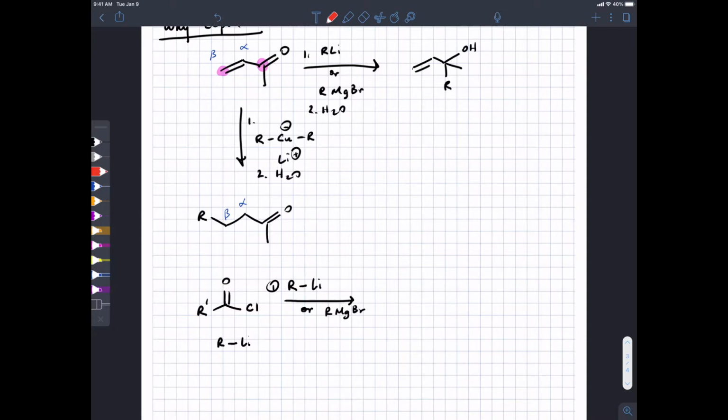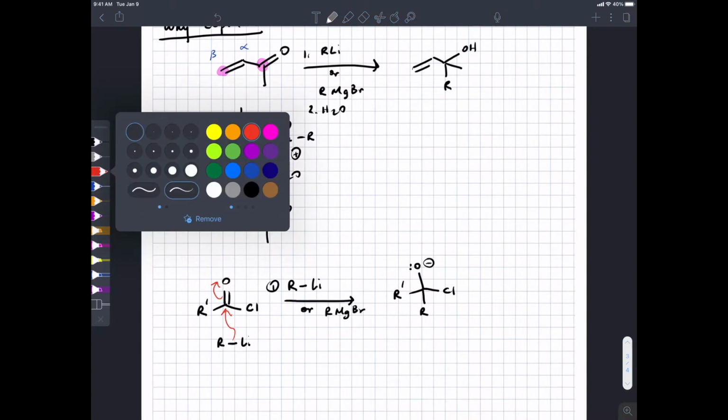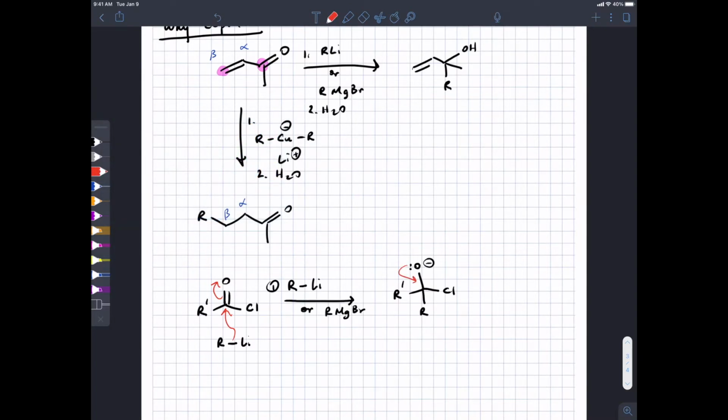The carbon R group will leave with its electrons and attack the pi star of the carbonyl compound. That's going to give you the tetrahedral intermediate. And as before, the question will be, well, do we have a good leaving group? And we do, and so chloride leaves.